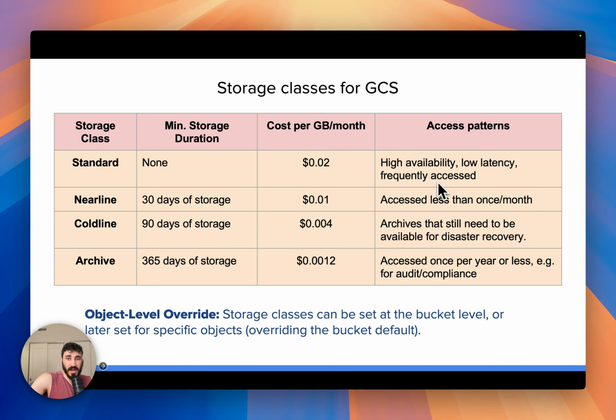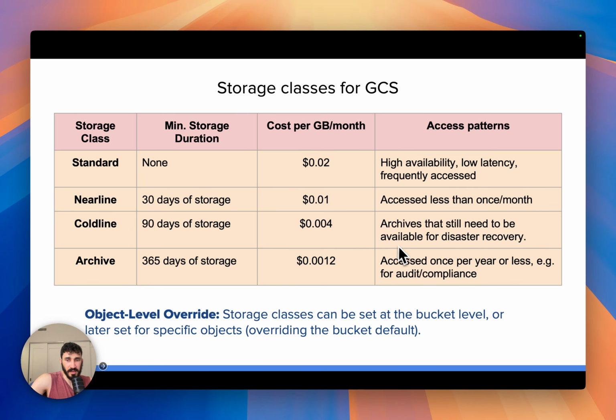You choose standard for high availability, low latency. For nearline, you choose it when you access the data less than once per month. For cold line, these are good for archives that still need to be available for disaster recovery, for example.